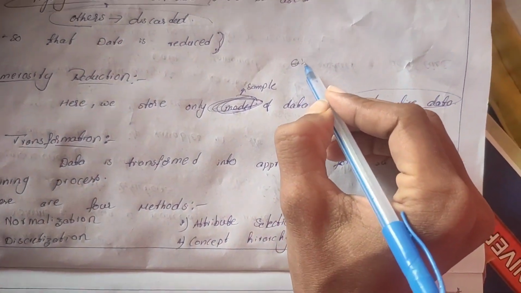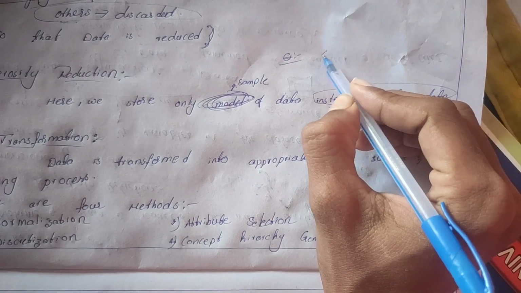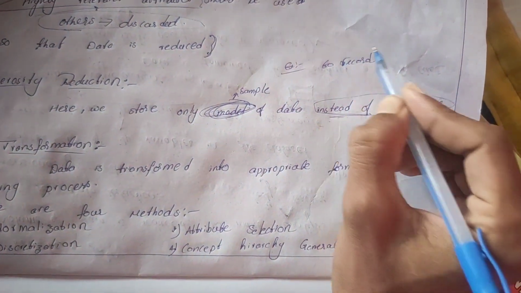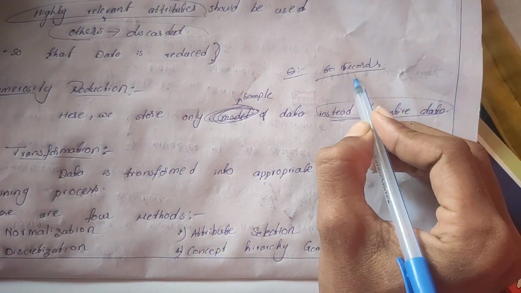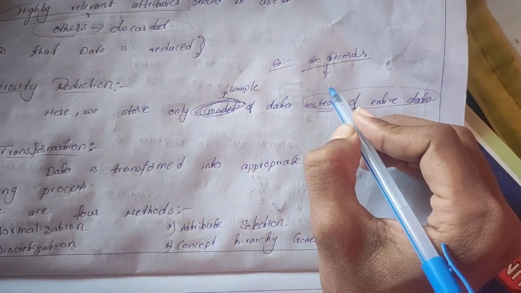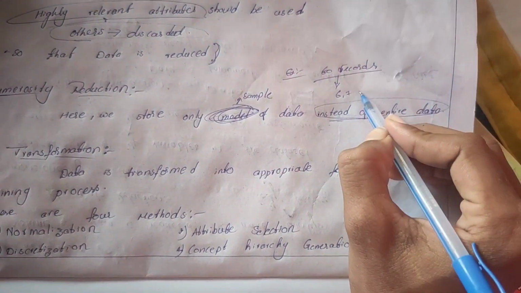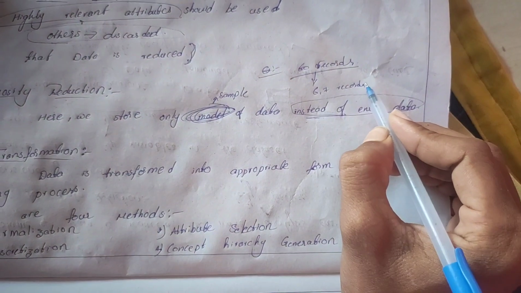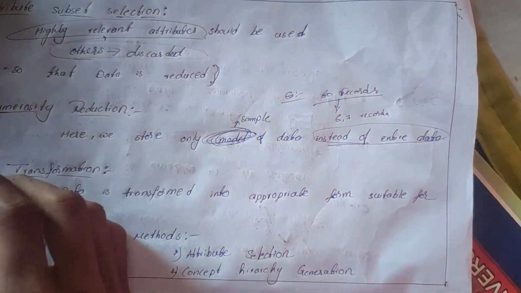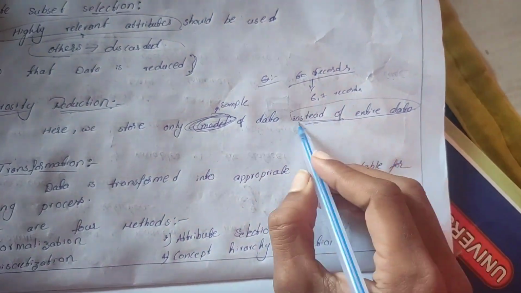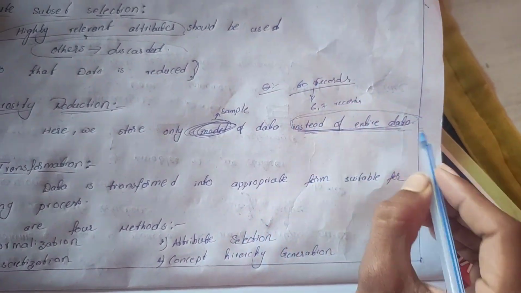For example, consider a class that contains 60 records. We will store only 6 to 7 records for future reference. So numerosity reduction also stores only a sample of data instead of using the entire data.